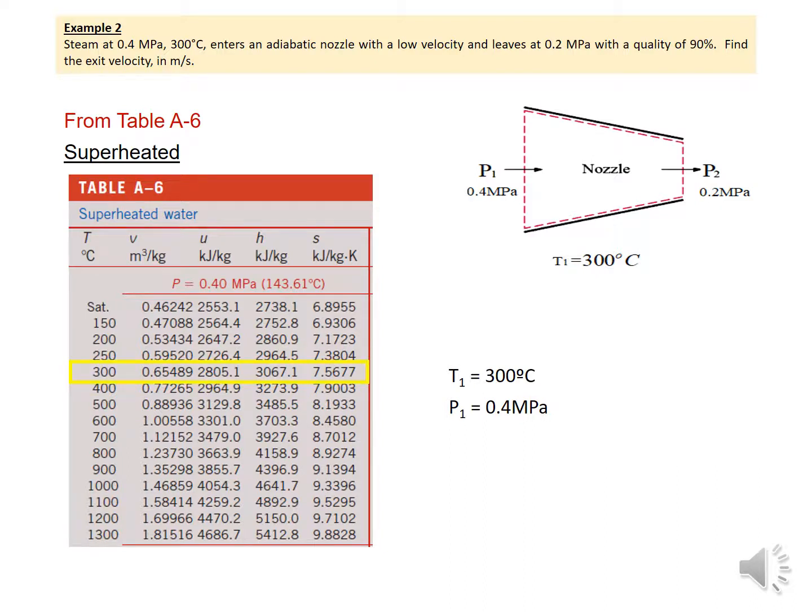Now the enthalpy of the steam is 3067.1 kilojoules per kilogram.